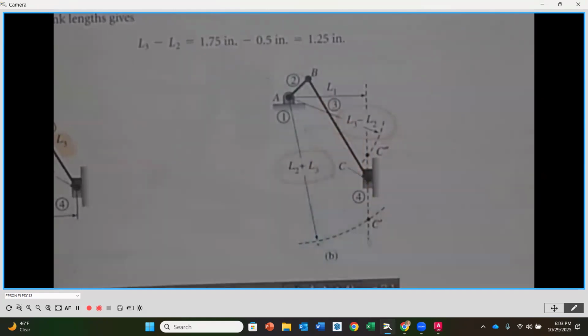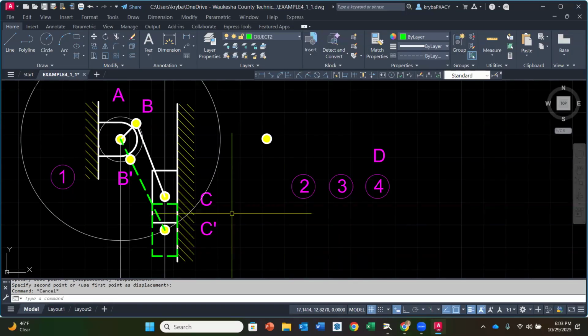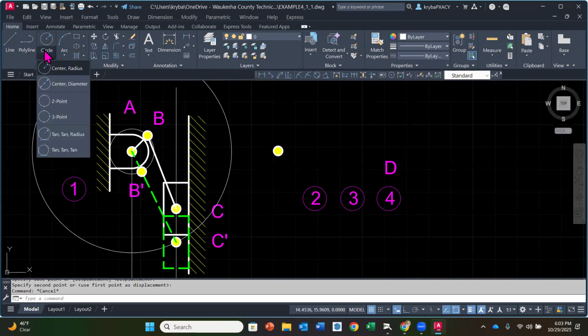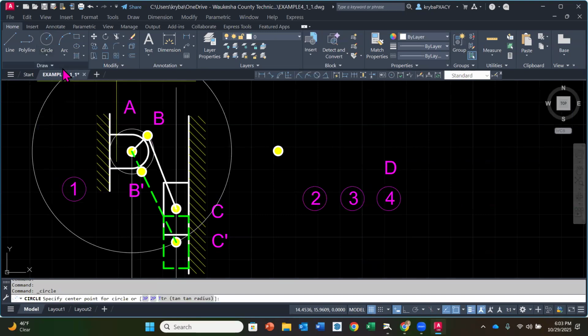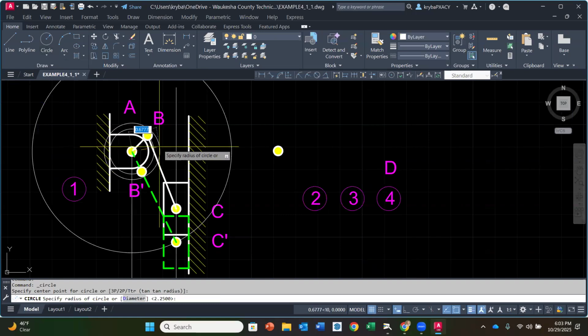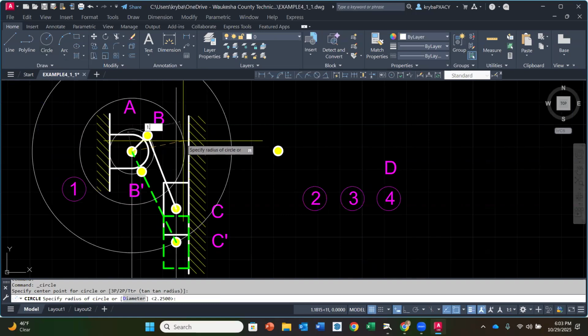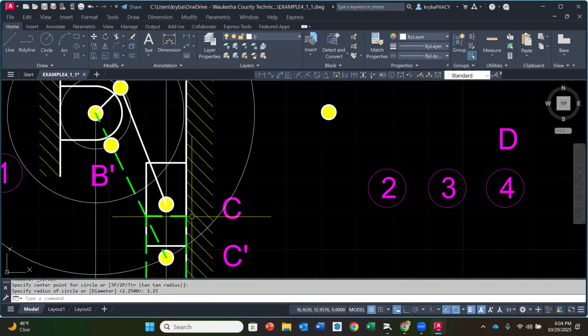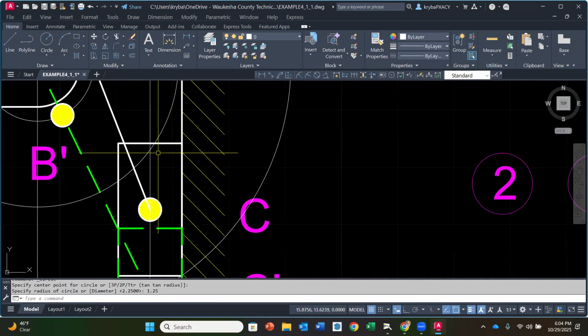What's that number? 1.75 minus 0.5. 1.25 sounds correct. So now we're going to do a circle center radius. Its center is going to be at A, and then its radius is going to be 1.25. And now it's going to cross right here on our line of action.